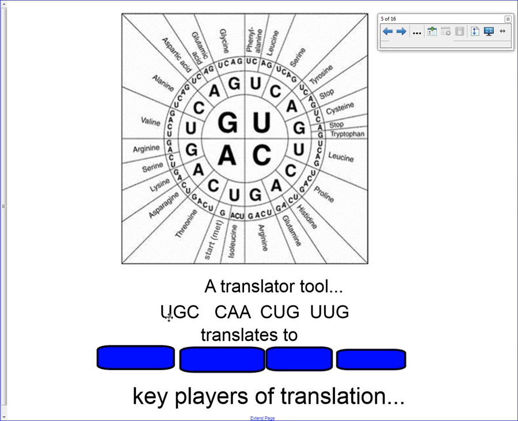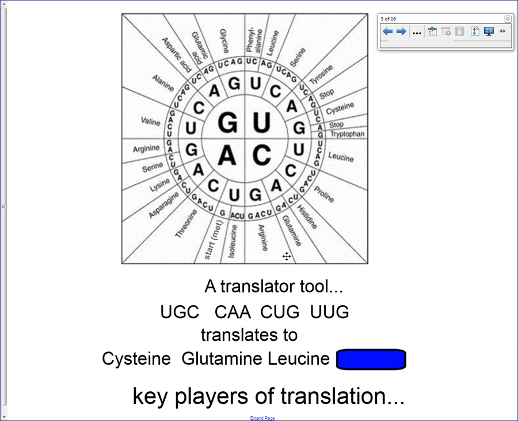So for example, UGC will code for cysteine. CAA will code for glutamine, CUG will code for leucine, and interestingly enough, UUG will also code for leucine. Because remember, there are only 20 amino acids, but there are many, many more combinations, so there are going to be some redundancies.